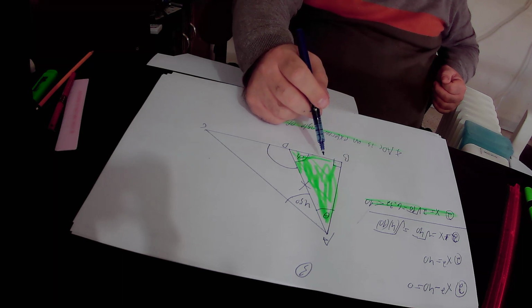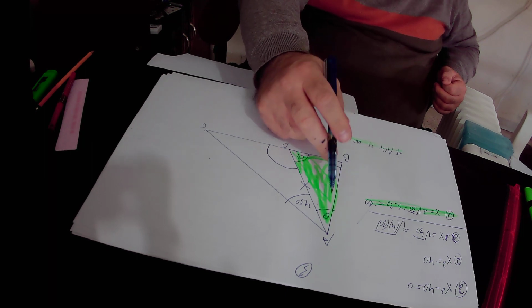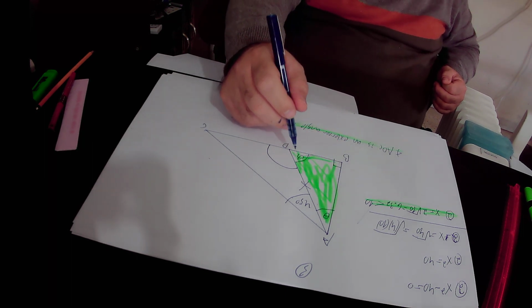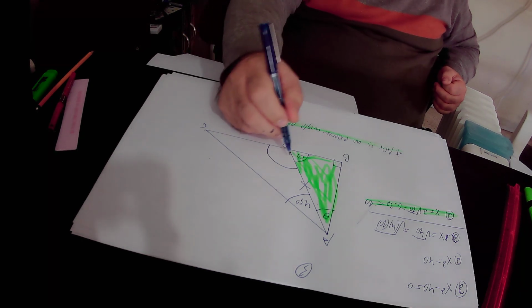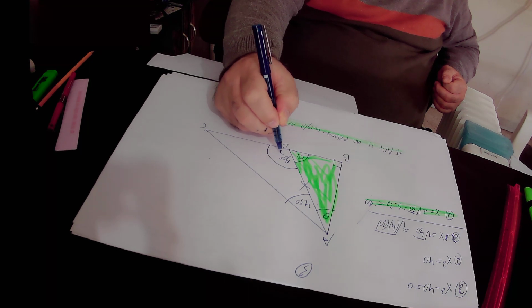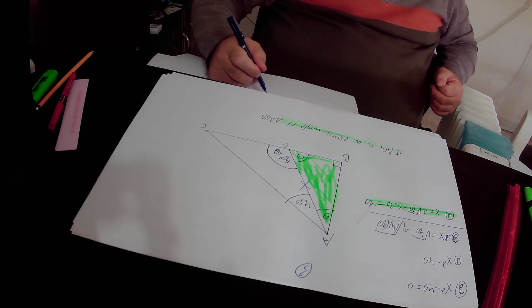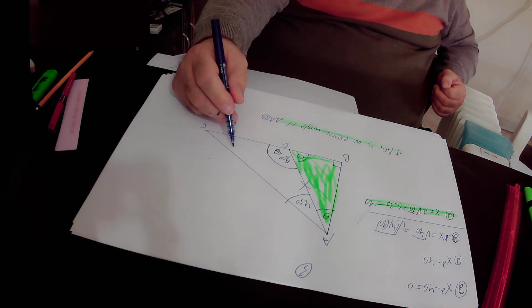So the sum of those two angles is theta plus 90 degrees, or 90 degrees plus theta. So we found out that the size of angle ADC equals 90 degrees plus theta. And what is the size of this angle, angle ADC?